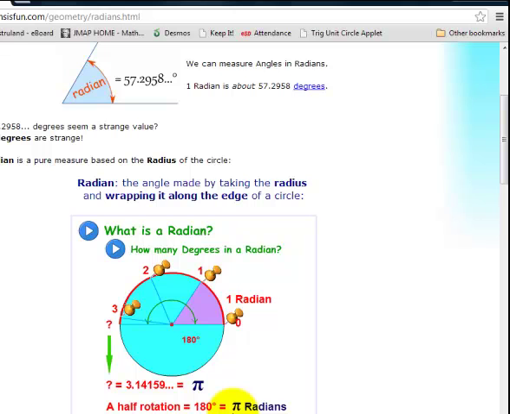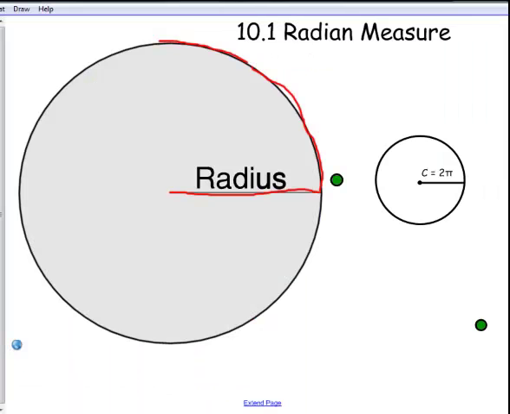So now you know pi to mean 2 things. You know that pi is 3.14, and you just learned that pi, if we measured it in degrees, was 180 degrees. So pi has 2 meanings for you right now.